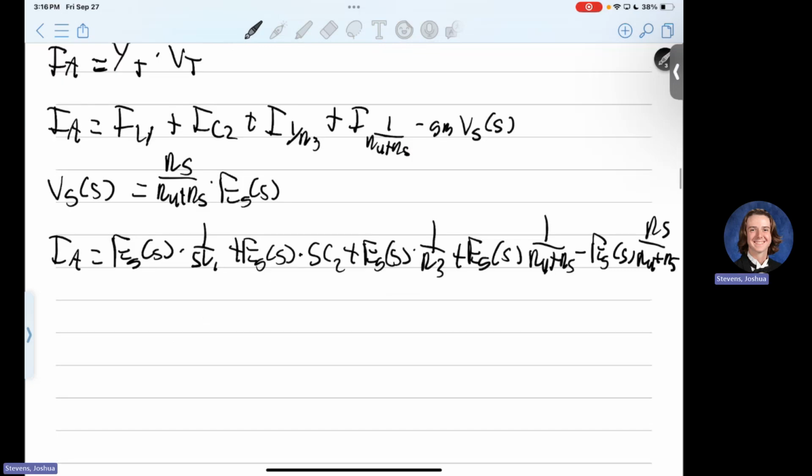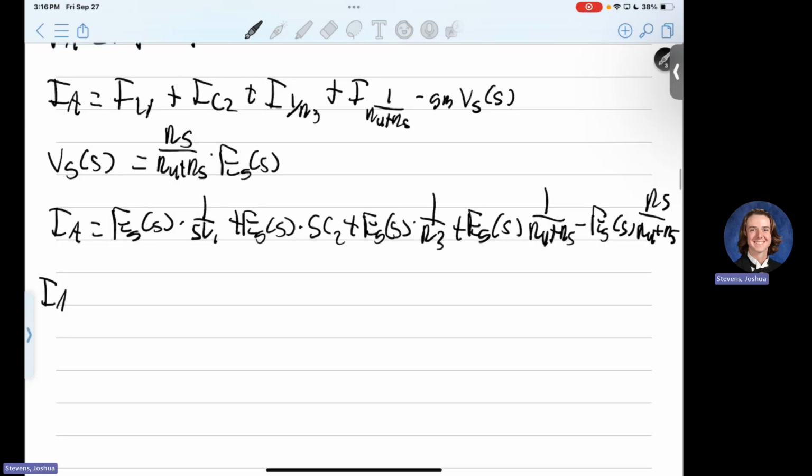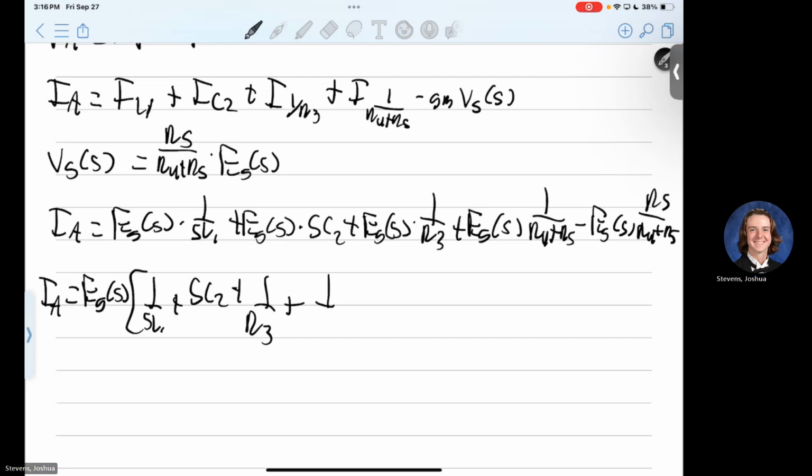Okay, do y'all see a similarity between each term? Okay. That is GM1.